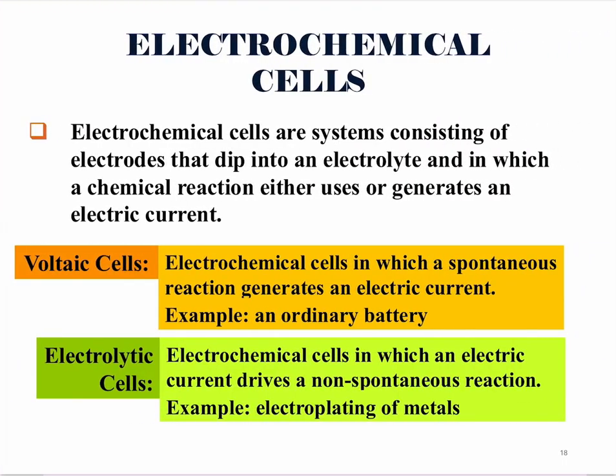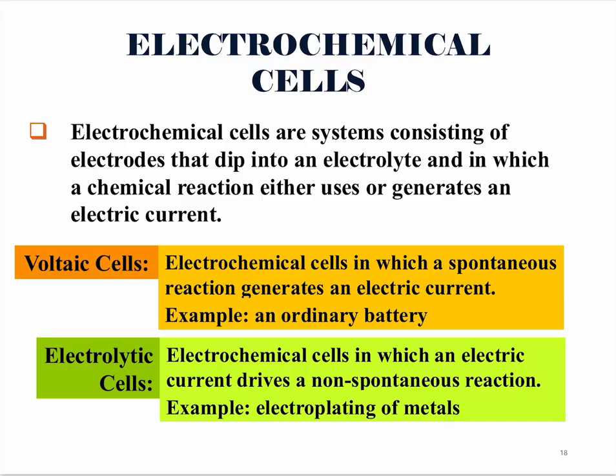All right, what we're going to start with today, and what leads to the thermodynamics of electrochemistry, are electrochemical cells, and we have two types. We have voltaic cells. These are where we have spontaneous redox reactions that generate electrical current, right? So you're going to have a cathode and an anode. Those are your two components. They're going to be connected by a conducting wire.